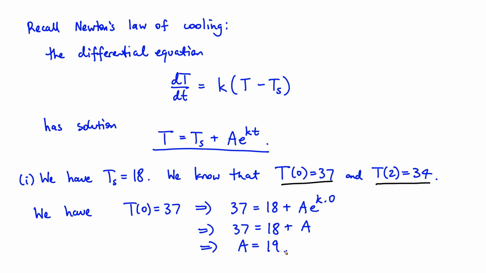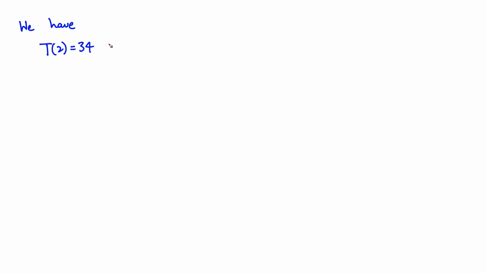And so we need to use this second bit of information about the temperature at time equals 2. So we have T at 2 equals 34 means, so let's plug into the equation.